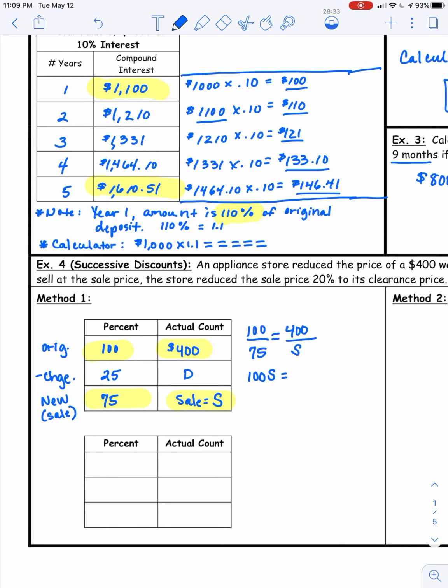I'm going to end up with 100S equals 400 times 75, and that turns out to be 30,000. I divide both sides by 100. I have some zeros I can cross off, and I end up with $300. Okay, so the sale price is $300. I'm going to highlight that.